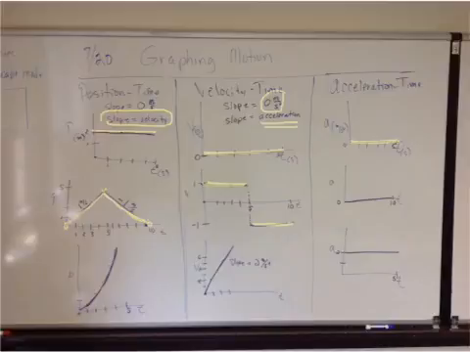So notice part of my trip is above the x-axis, part of it is below. But the slope of both of these lines is still 0, which means I have 0 acceleration. So my acceleration time graph will still be, the 10 seconds will be on the x-axis.